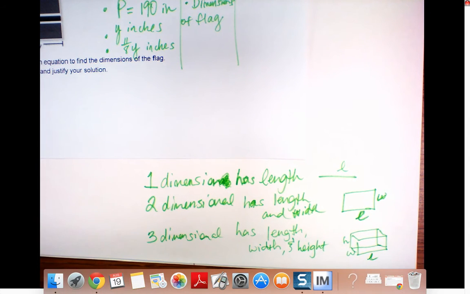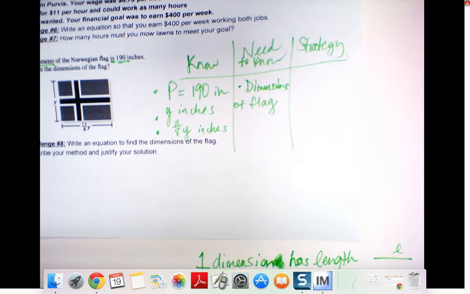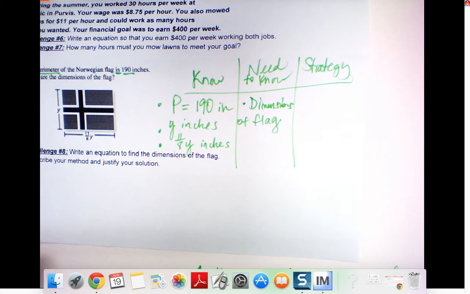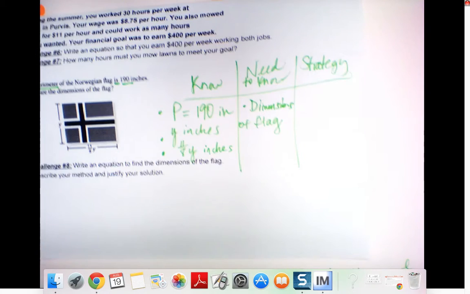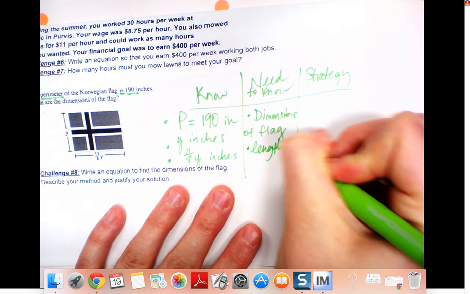So I tell my students that we, as human beings, are three-dimensional objects, because we have length, we have width, and we would say depth, like how much volume our body holds. And then the fourth dimension is actually time. We probably won't be working with that this year. So in looking at that about dimensions, we are going to be looking for length and width.